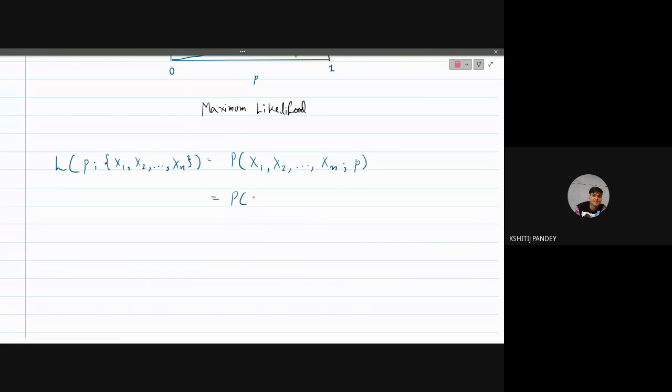So this will be equal to the probability of x1 being generated when your candidate parameter is this p, and same for all other values. And this we have done using the assumption of independence.